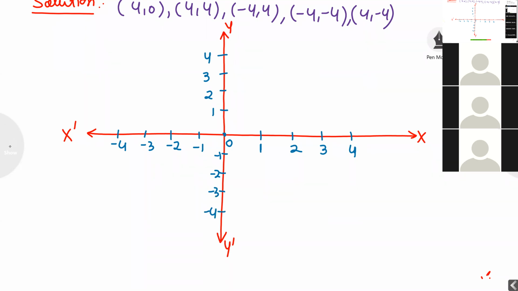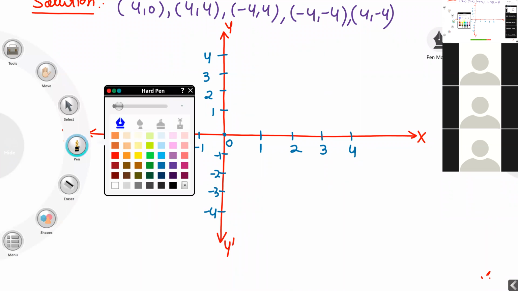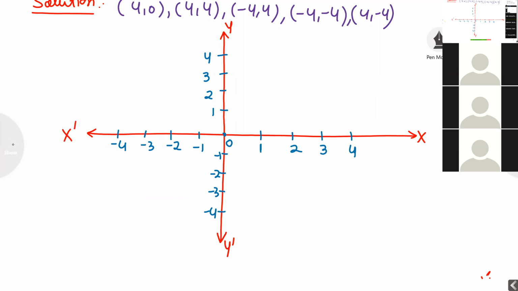Now we will plot these points on the graph. How to plot? Firstly, I will check the first point he has given. First point is 4 comma 0. x is 4, y is 0. This is the first point.